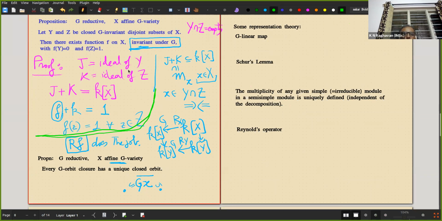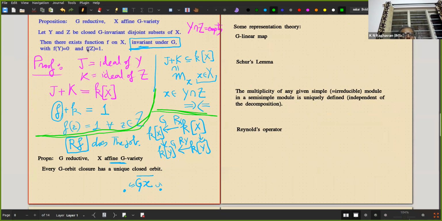Once I get there, then I average it. Here it is important to see that this RF continues to be 0 on Y, and so on.